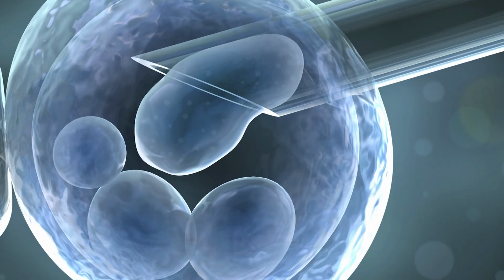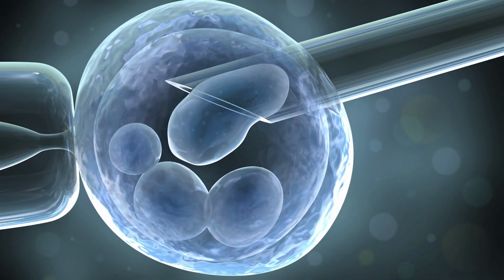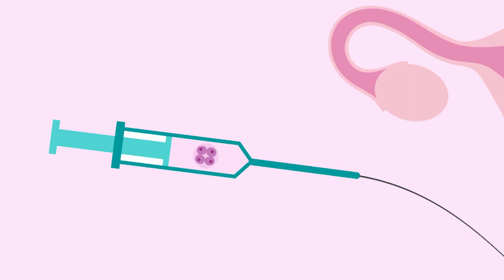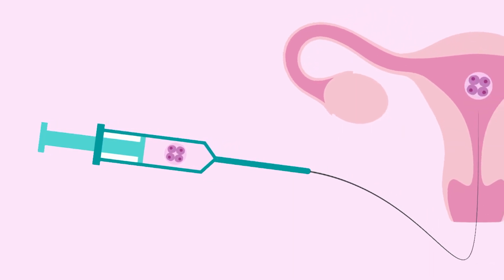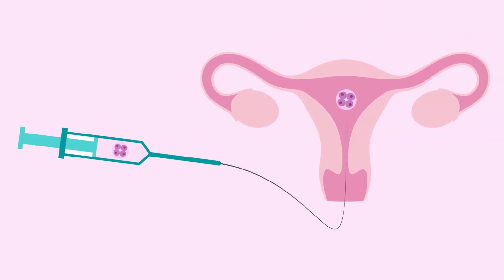The sperms are already collected and preserved in a laboratory. The fertilized egg or zygote is cultured for 2 to 3 days in a growth medium and is then transferred to the same or other uterus with an intention of establishing a successful pregnancy.